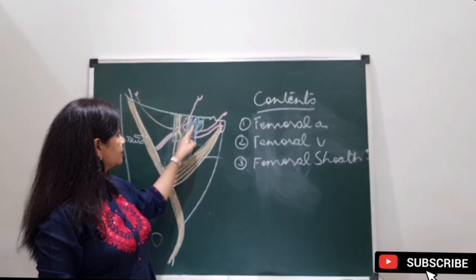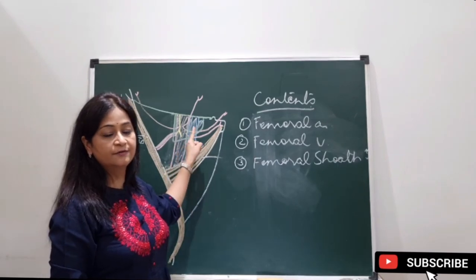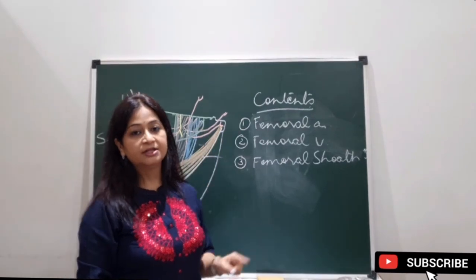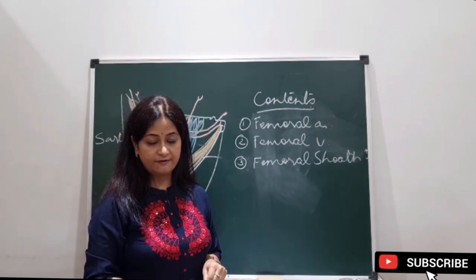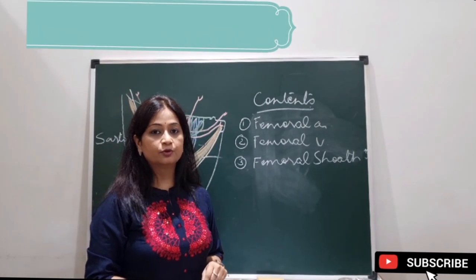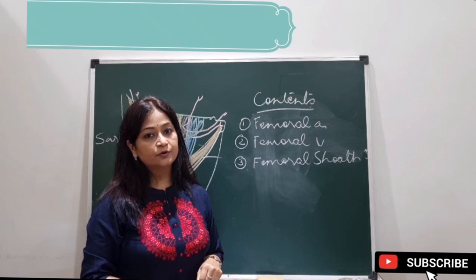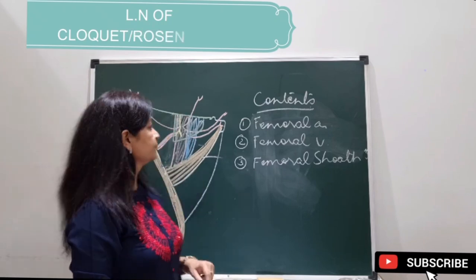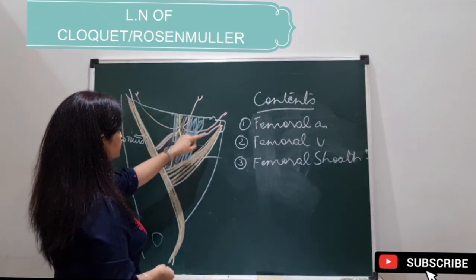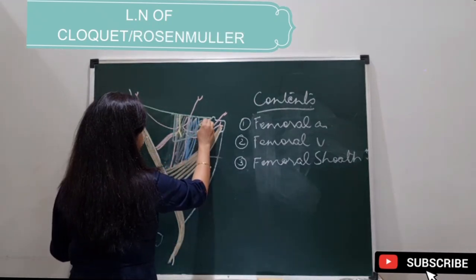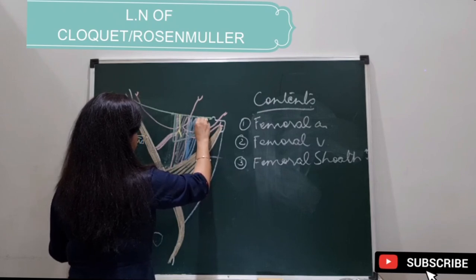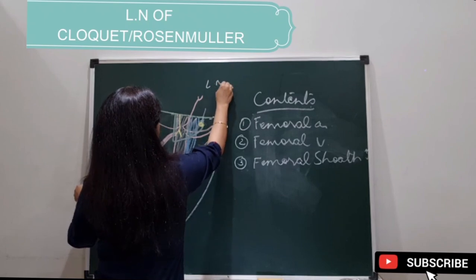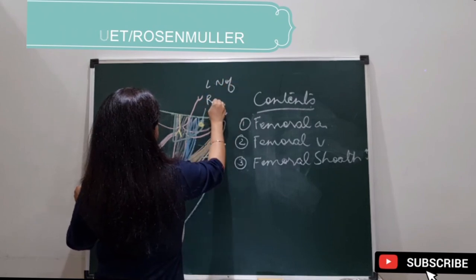Now the middle compartment is occupied by the femoral vein, and the medial most compartment is occupied by lymphatics and a lymph node known as the lymph node of Cloquet or lymph node of Rosenmuller. So this medial most compartment has a lymph node which is known as the lymph node of Rosenmuller.